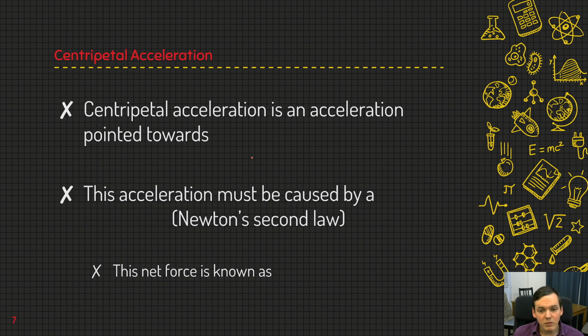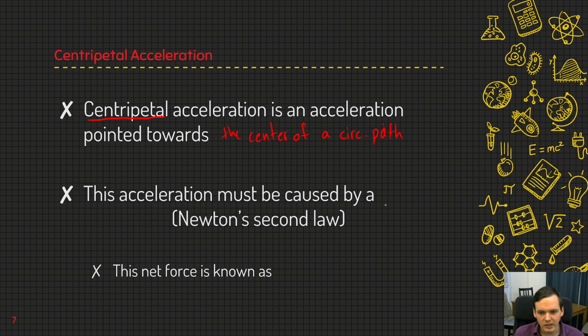So that center-pointed acceleration is called centripetal acceleration. So centripetal acceleration is an acceleration pointed towards the center of a circular path. And we know that accelerations just don't happen randomly.